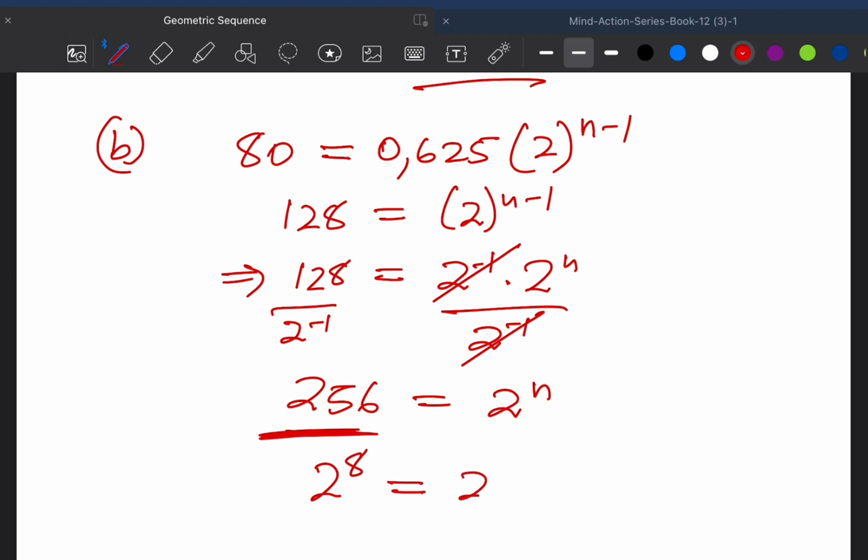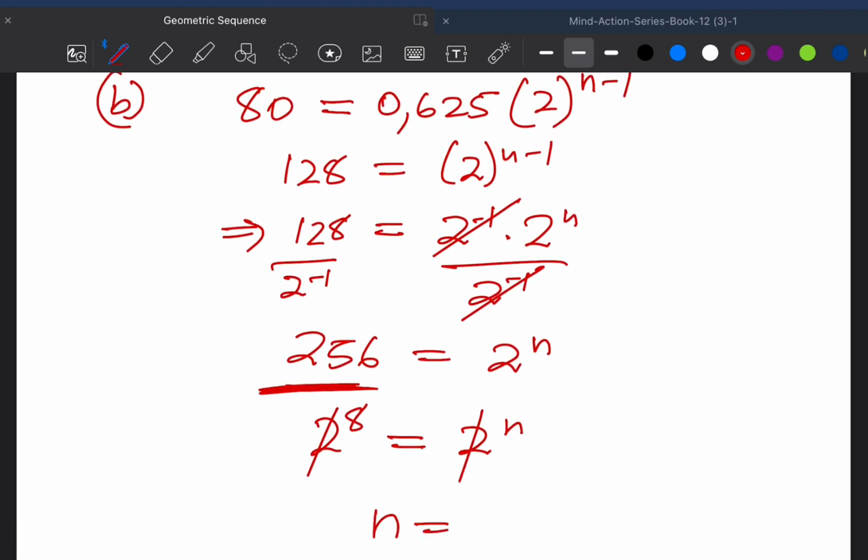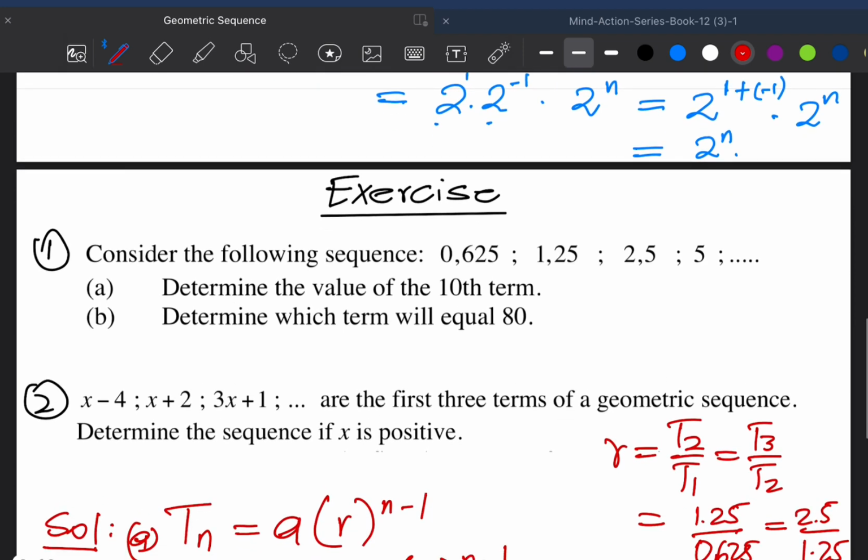So I have 2 to the power of n, so the 2's go away. So our n is equal to 8 here. So that means term number 8 is equivalent to 256.